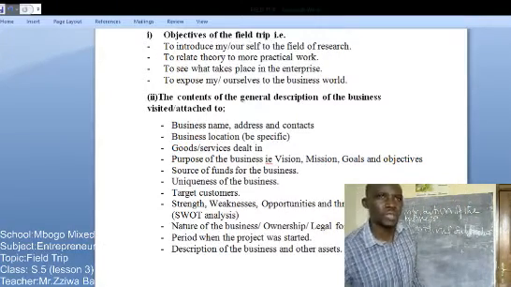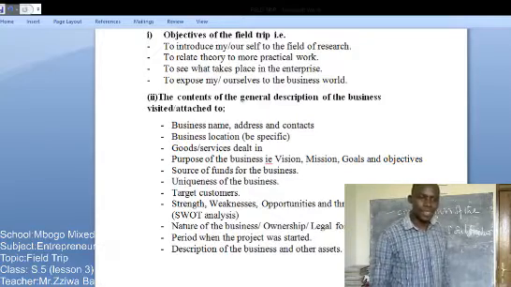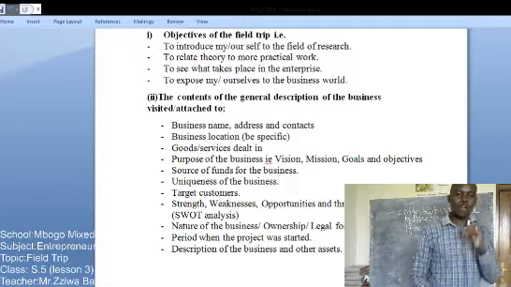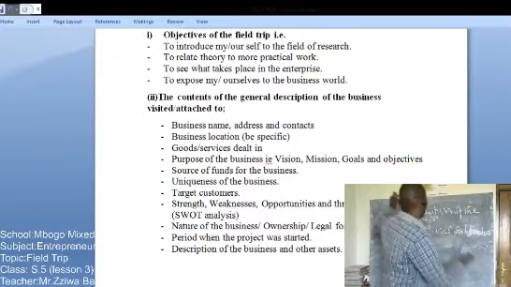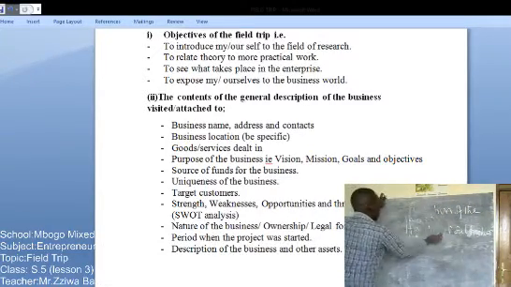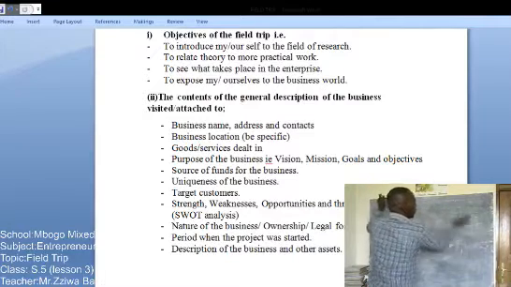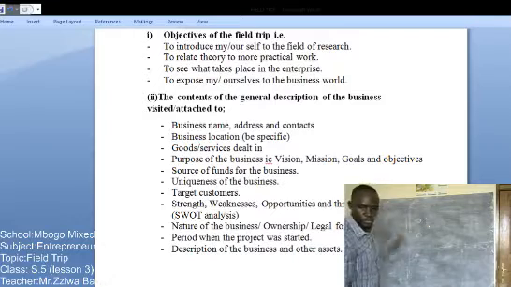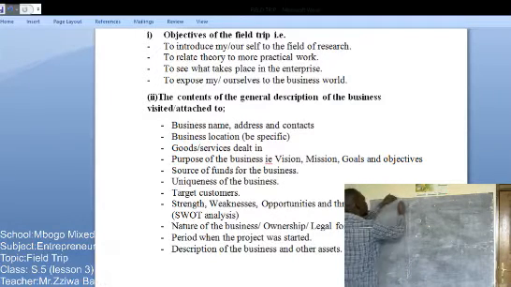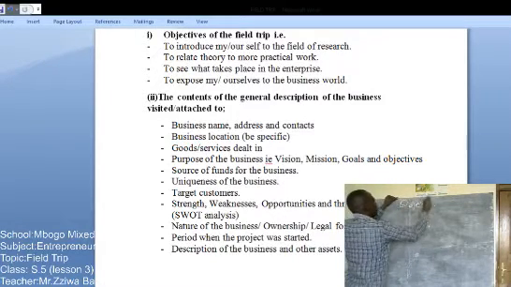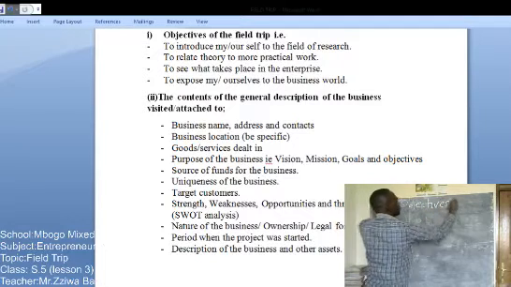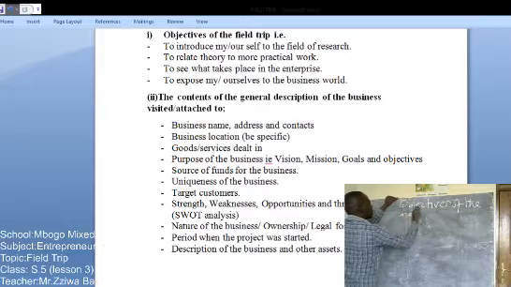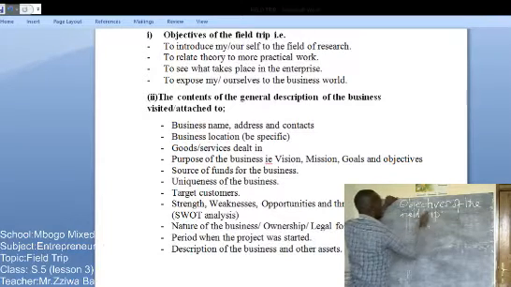Why should a group of students, or why should somebody who is offering entrepreneurship conduct a field trip? That is where we are now getting to the objectives of the field trip.